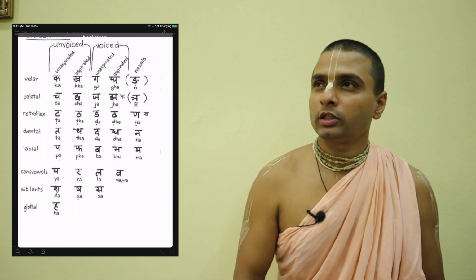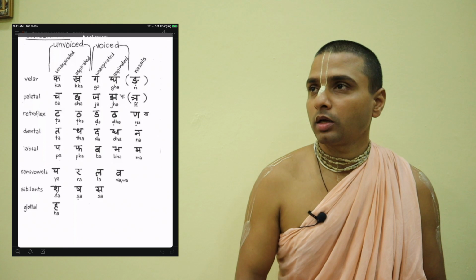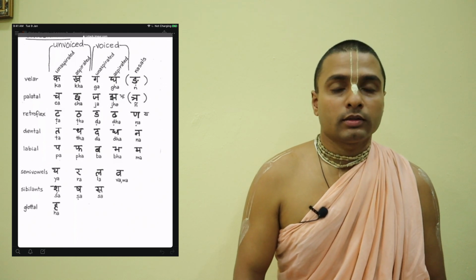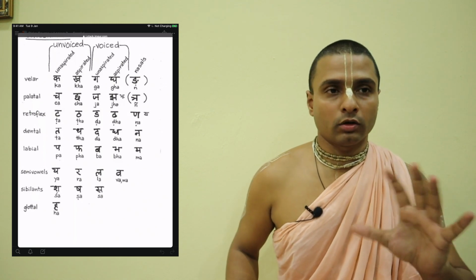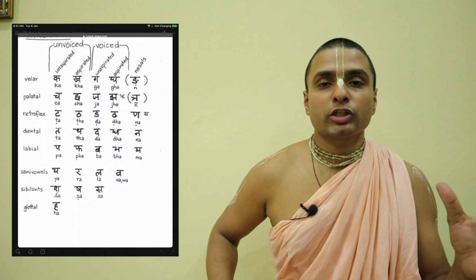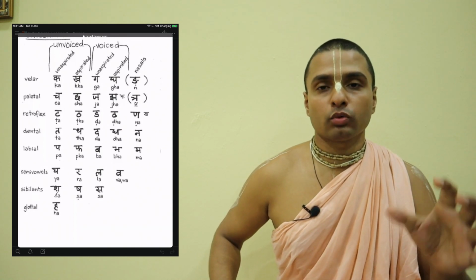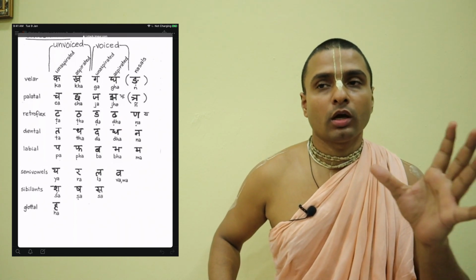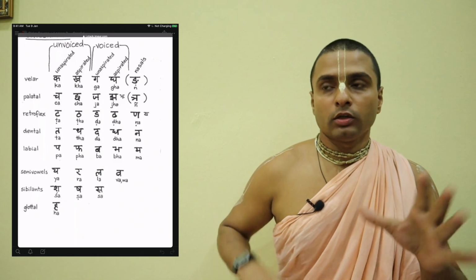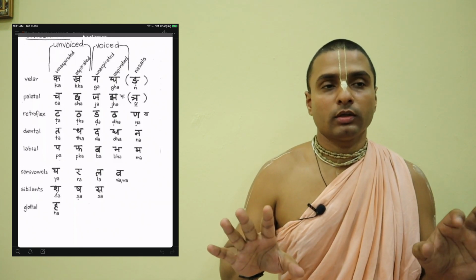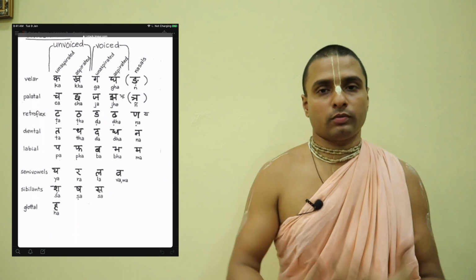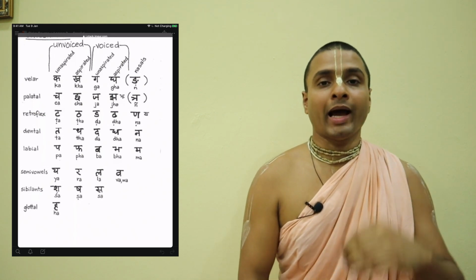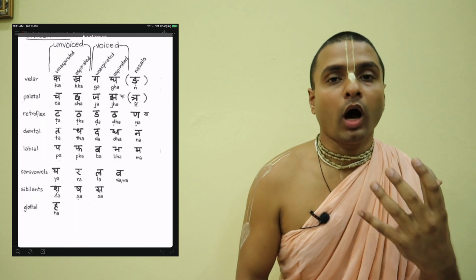A good example in English would be thatch. Actually, it is not a grammatically correct phrase, but "thatched house": you say thatch house, thatch and house together. That chha sound is aspirated and unvoiced.